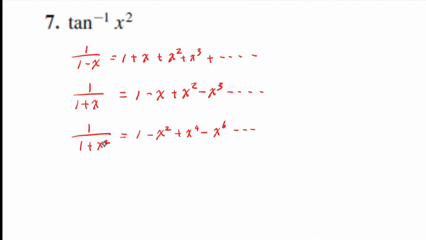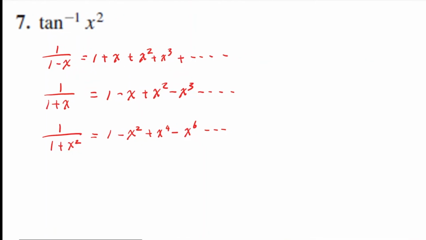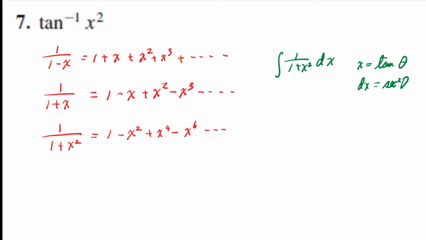Do you remember how to integrate this trick stuff? Or you want me to show you? Why don't I show you? I'm going to do that here. So 1 over 1 plus x squared dx. We let x be tangent theta. Then dx is secant squared theta d theta.